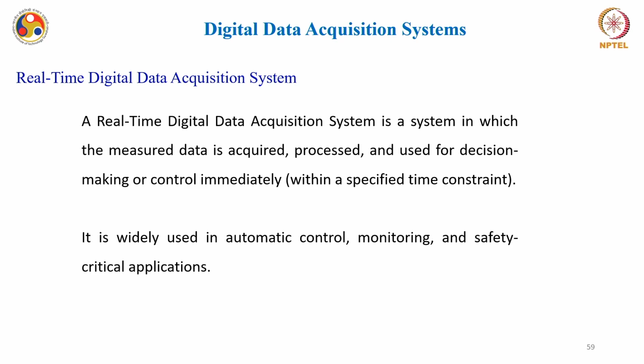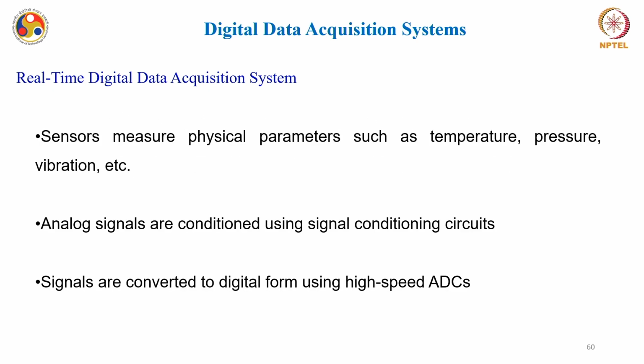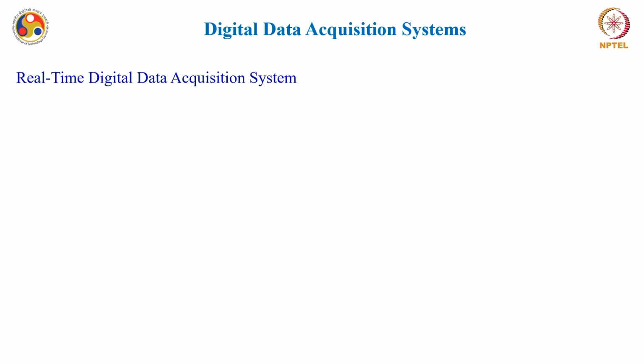A real-time digital data acquisition system is one in which the measured data is acquired, processed and used for decision making or for any kind of control immediately, without a specified time delay. These systems are widely used in automatic control, monitoring and safety-critical applications. The sensors measure physical parameters, for example temperature, humidity or vibrations, and the analog signals are conditioned using signal conditioning circuits and converted to digital form using high-speed ADCs.